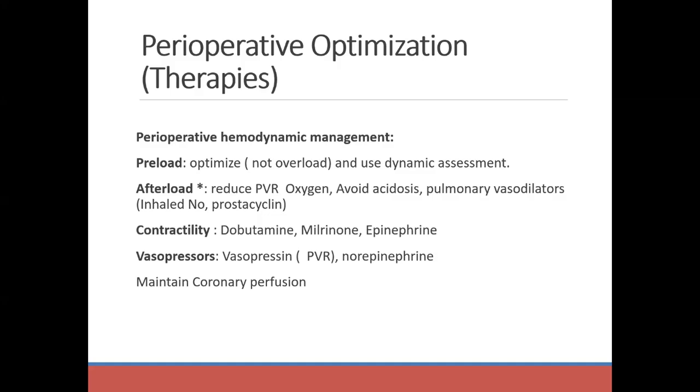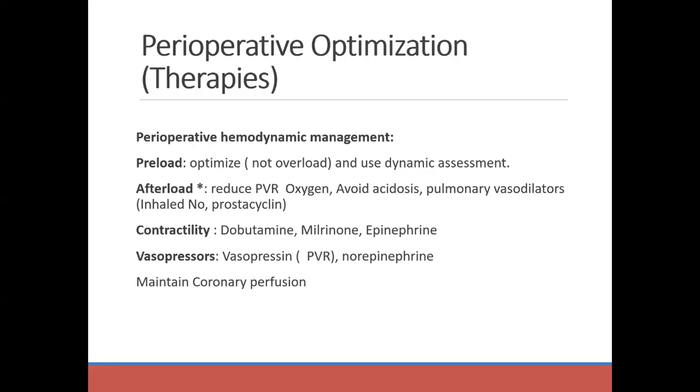We need to work on the contractility of the heart. I'm not here to advertise any agent, or say which agent is better, but in my 15 years of critical care career, I have seen that milrinone has a bit of an edge over other inotropes. However, I still feel that it's up to the physician. If he knows what medication he's using and the medication is giving him the right hemodynamic targets, then this is the best medication for you.